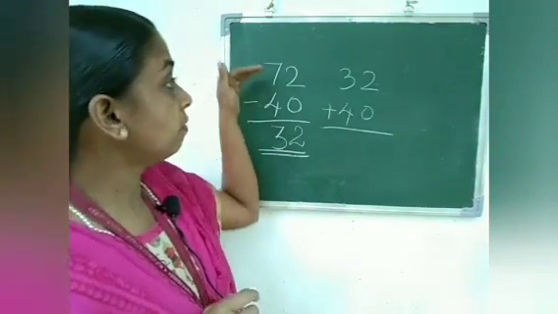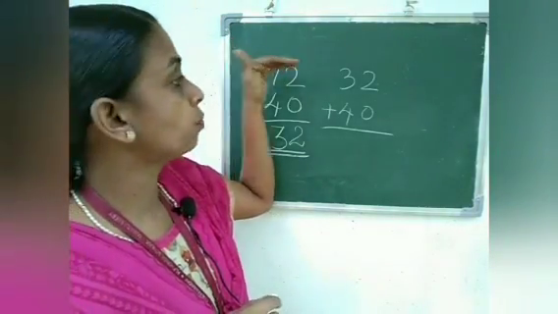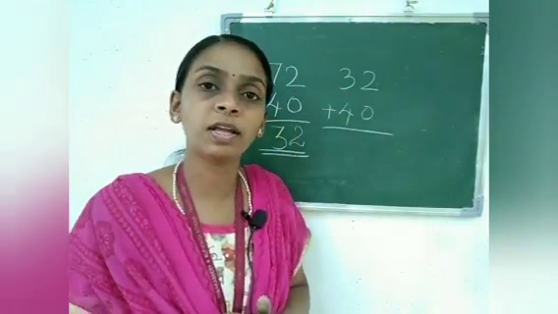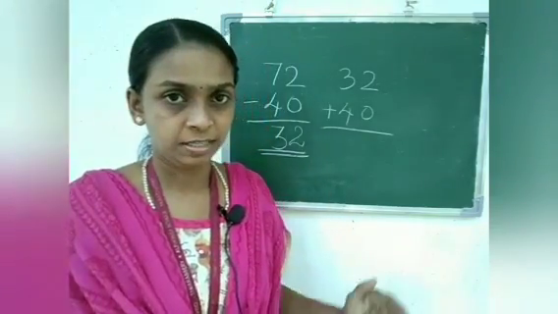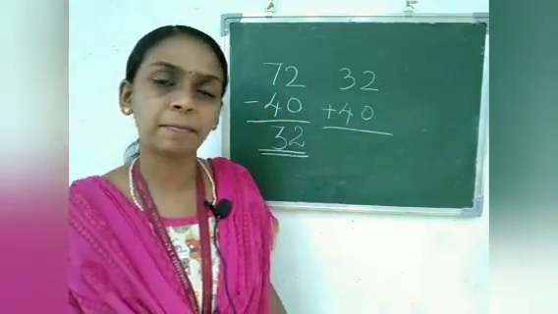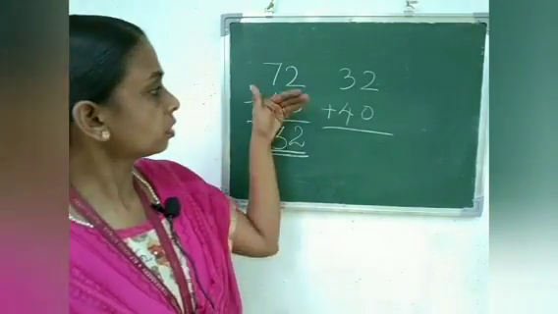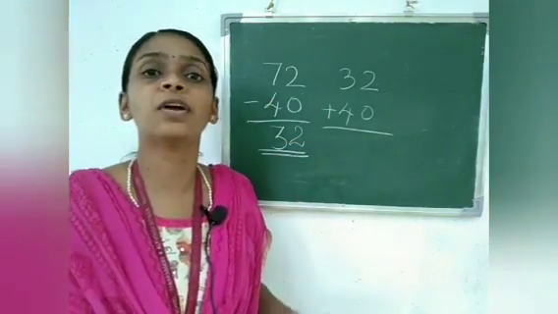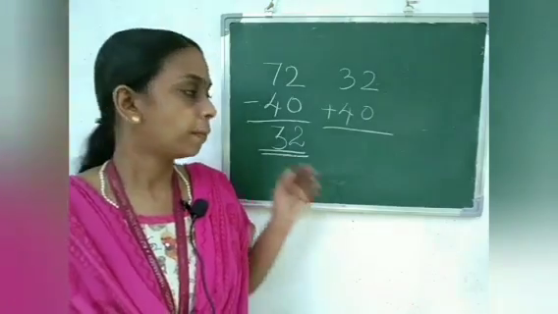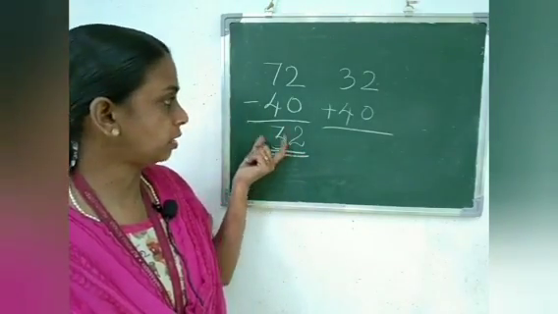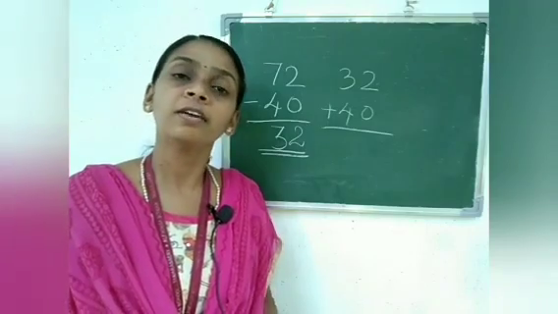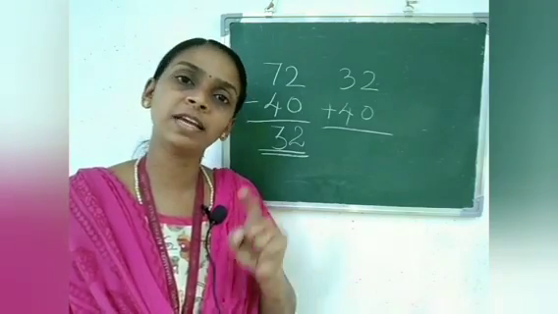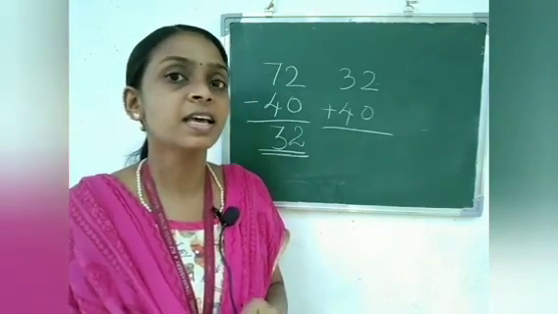When we get 72 by adding 32 and 40, then we can conclude that our answer is correct. We already did the subtraction, so for checking, we have to add 32 and 40.